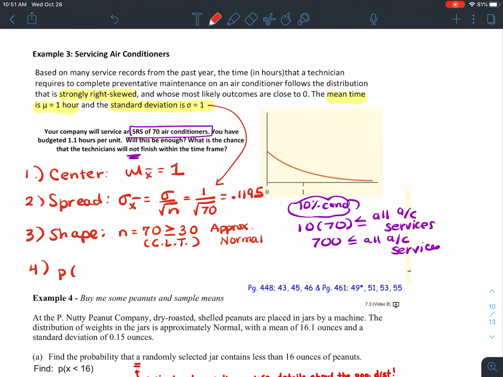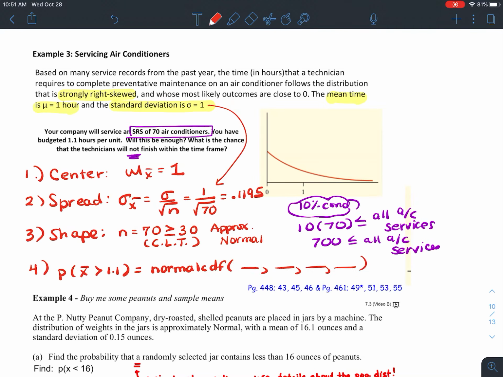Okay, the question is, what's the probability that the average time that it would take to repair an air conditioner is going to be, now the reason I'm choosing greater than is because it says what's the chance that he wouldn't be able to finish in the time frame, and they've allocated 1.1 hours per unit. So I'm looking for what are the chances that the average is more than 1.1 hours per unit here.